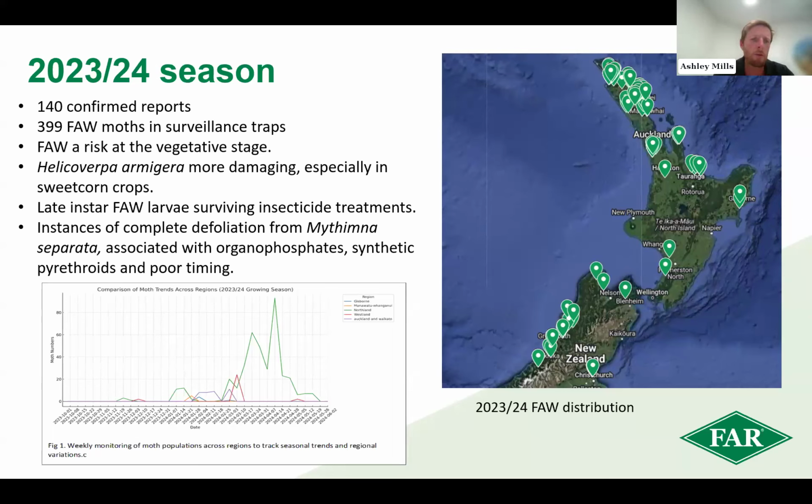So in general, at the moment, we think that fall armyworm populations remain manageable, mainly due to the lack of generations produced throughout the season. Ongoing monitoring and thresholds are really critical to seeing what's going to happen later. We think fall armyworm is only really going to be a pest here at the vegetative stage.